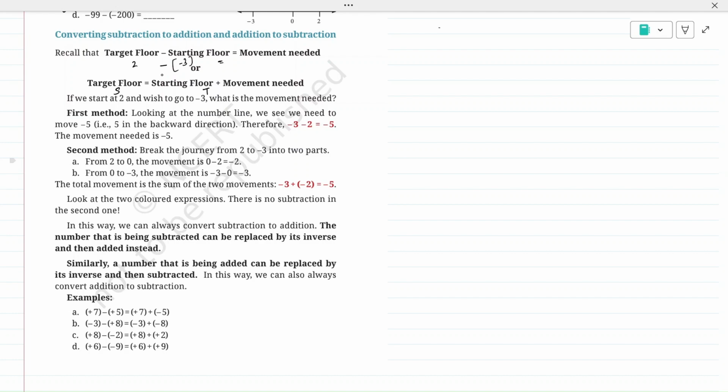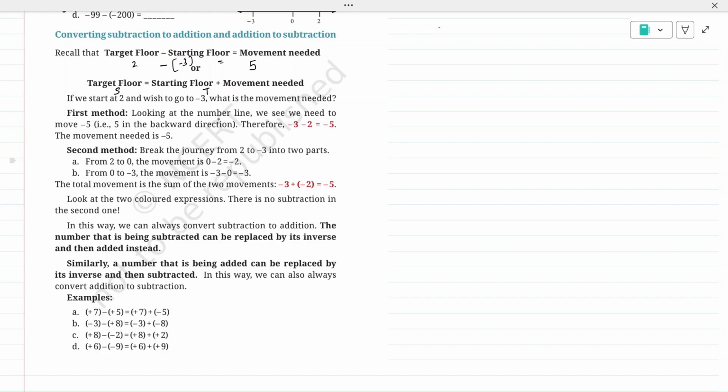So it will be 5 steps required to move. The movement required will be 5 here. This is how we have to do it.